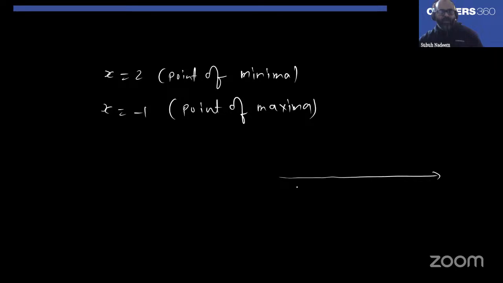First, there will be a point of maxima, that is x equal to minus 1. And then a point of minima. Then it will go like this. So this is minus 1 and this is 2. Minus 1 is the point of maxima, 2 is the point of minima. Where is it intersecting the x-axis between minus 1 and 2?